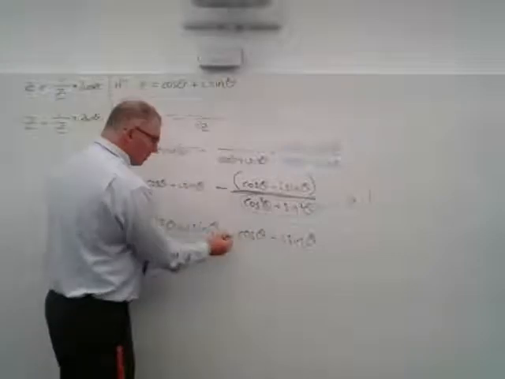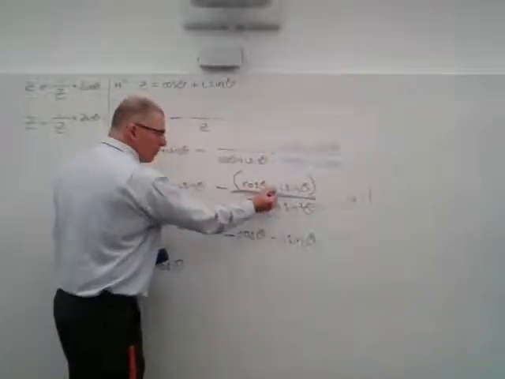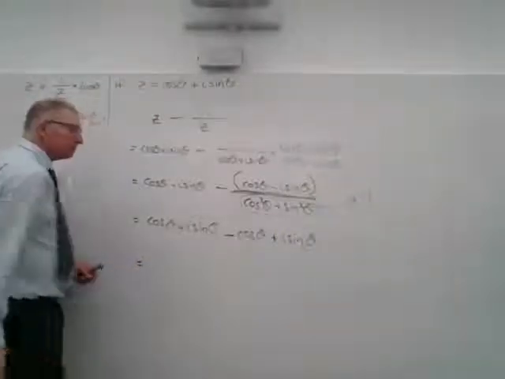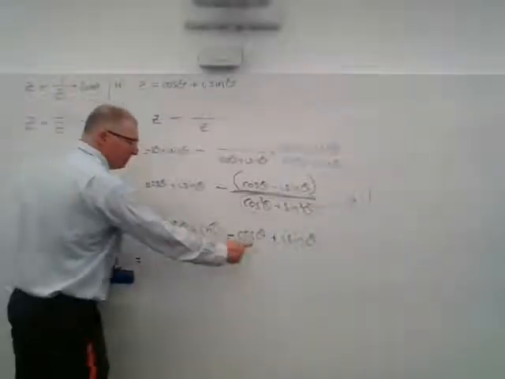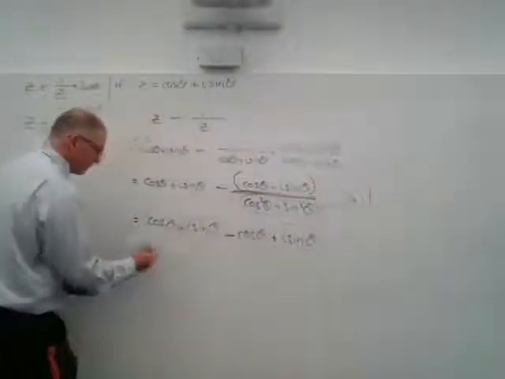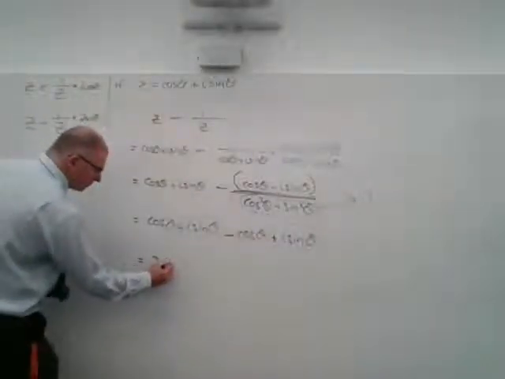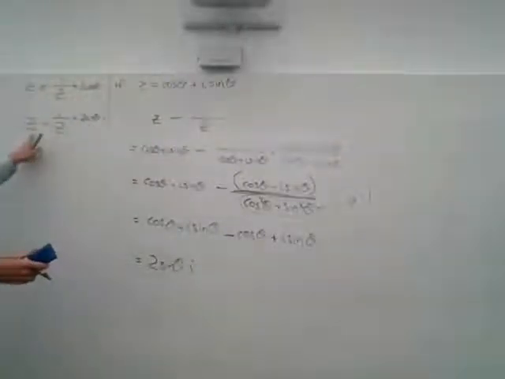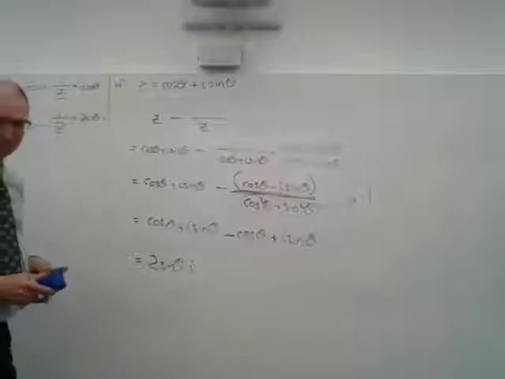So it's minus cos theta, and minus of a minus will actually be plus i sine theta. So cos theta minus cos theta cancel, i sine theta and another i sine theta, there's 2 of them. So there's 2 sine theta times i. So that's where I get z minus 1 on z is equal to that.